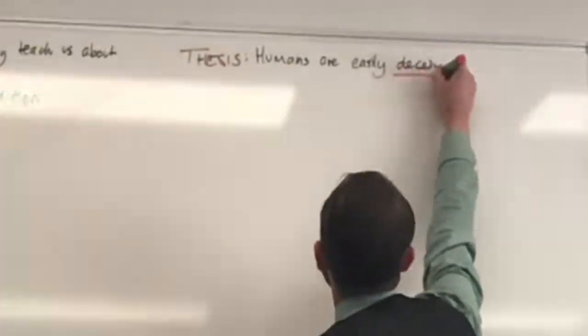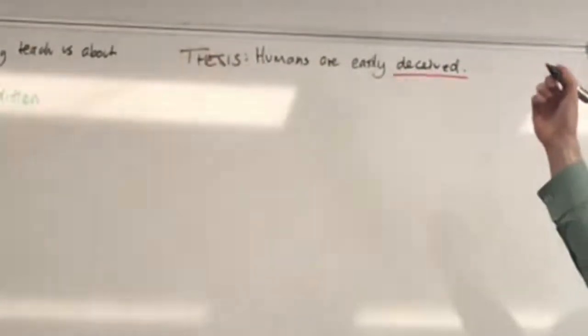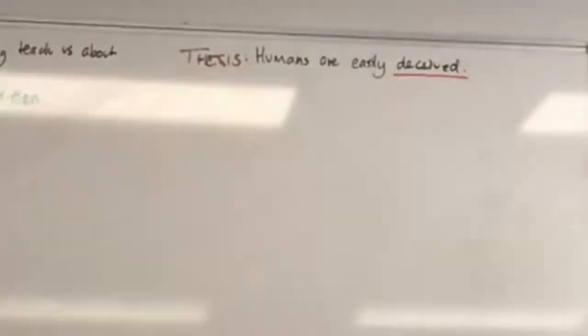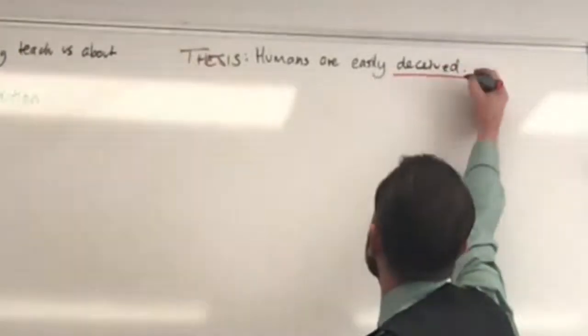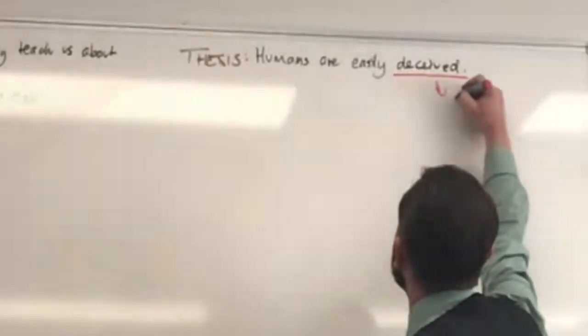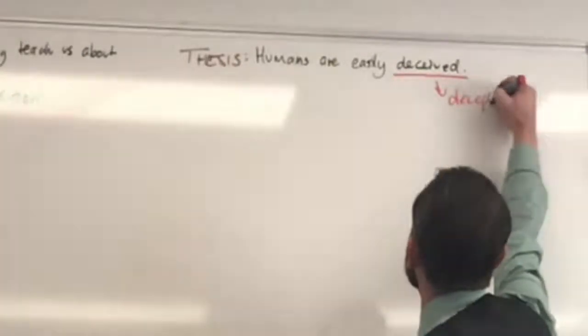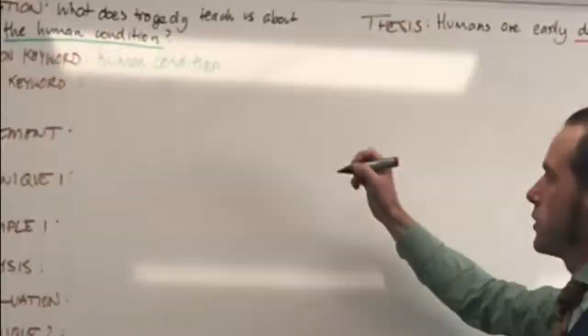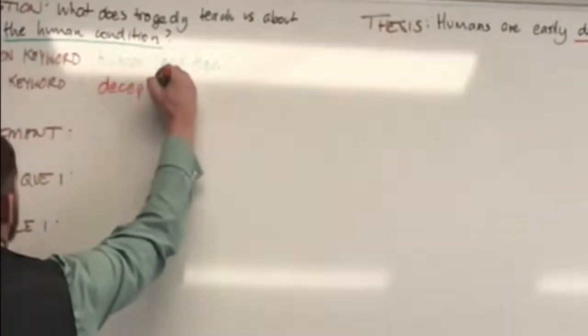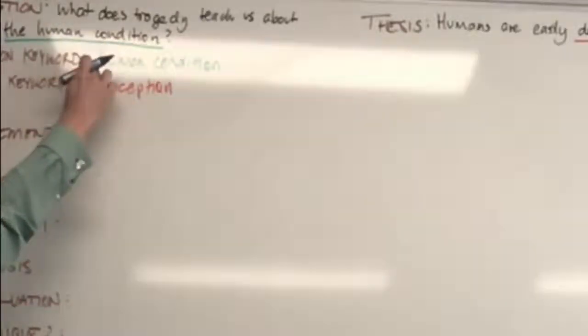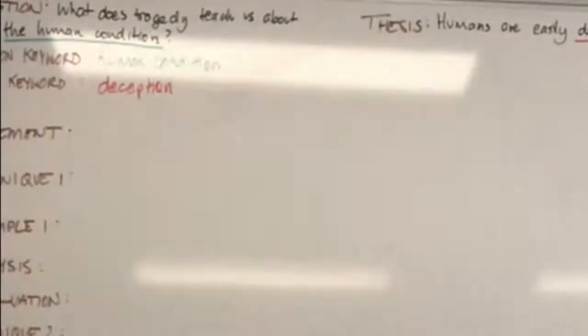Now, generally what we want is a concept. So a concept is an abstract noun. So I need to turn that into an abstract noun, which is pretty easy because I can turn that into deception. Alright, so I've now got my question keyword and I've got my thesis keyword.